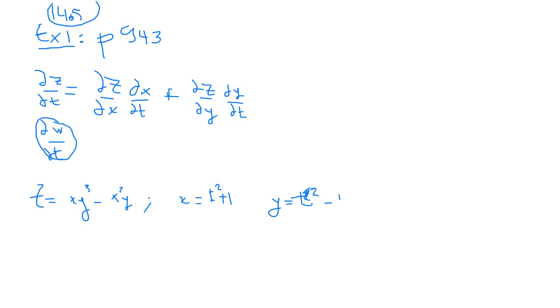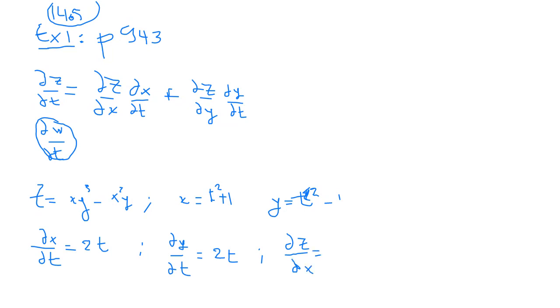Okay, so let's first compute the partial derivatives. Let's start with dx over dt. I'll get 2t, quite simple. Similarly, dy over dt is 2t, the same way. Now about dz over dx: it would give me y cubed minus 2xy.